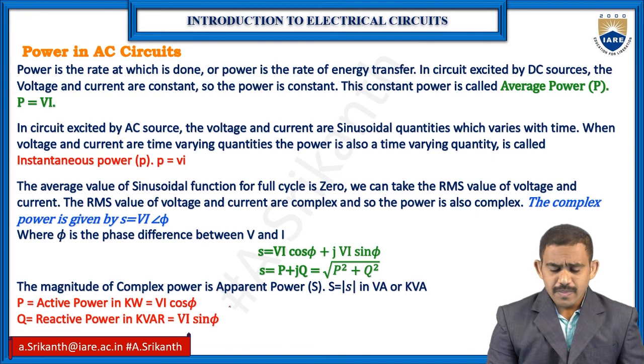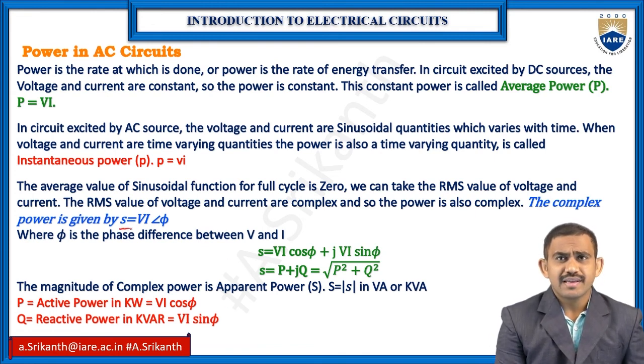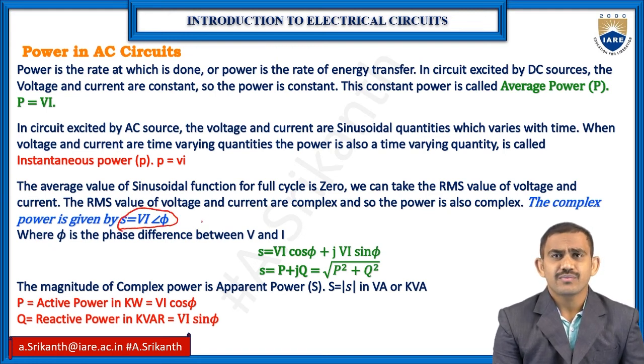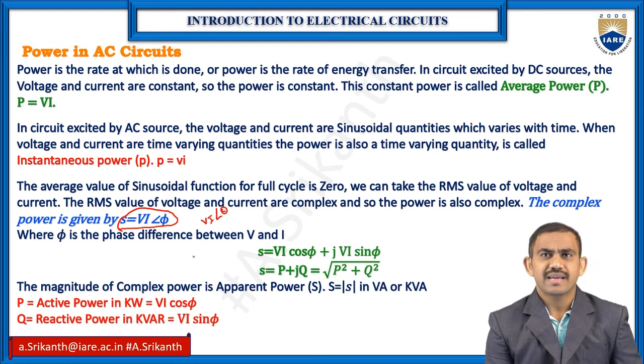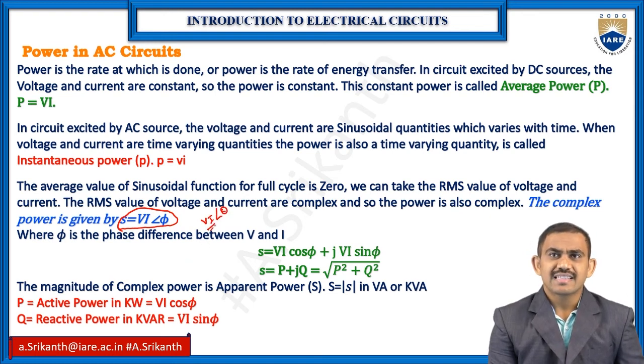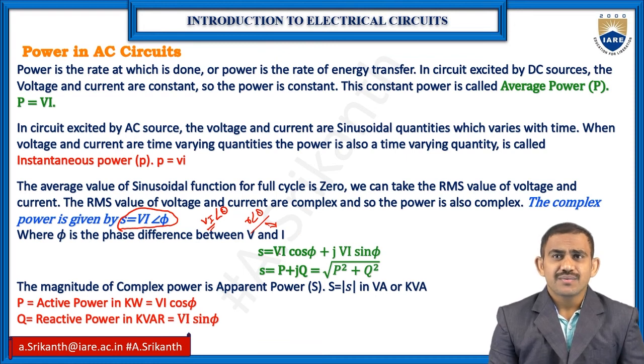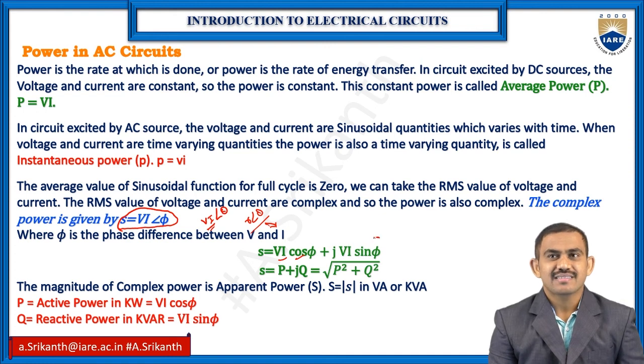Now the formula: complex power is VI angle theta or phi, VI cos phi. Like R angle theta, as we discussed before. I require the trigonometric form: VI cos phi plus jVI sin phi.